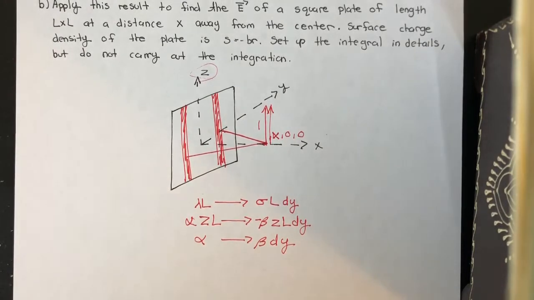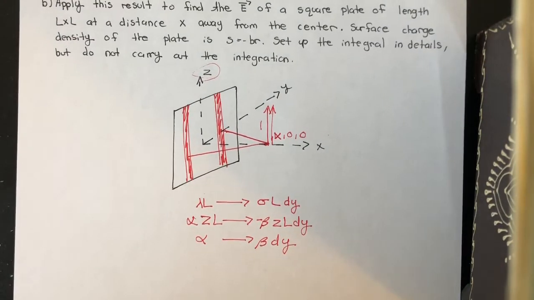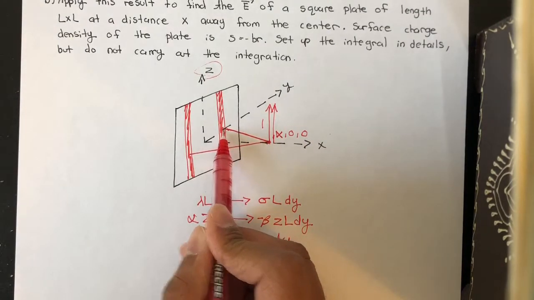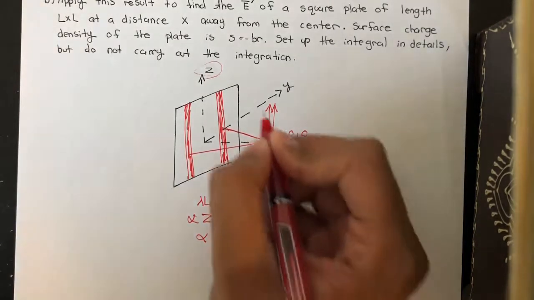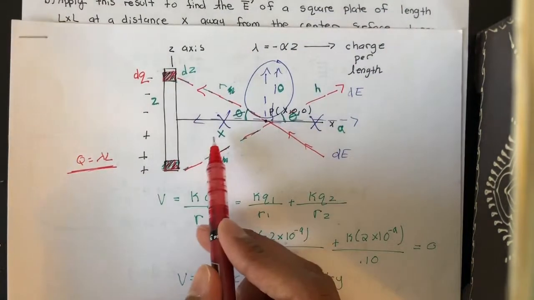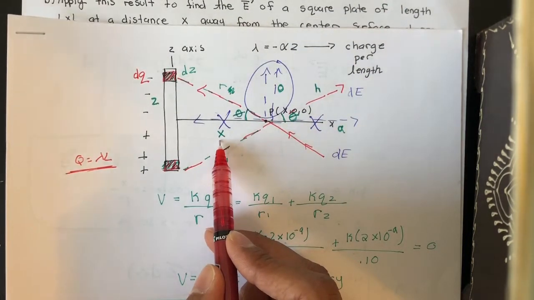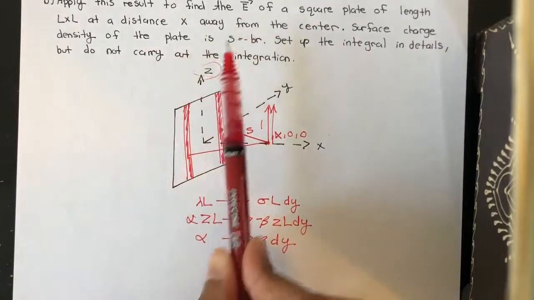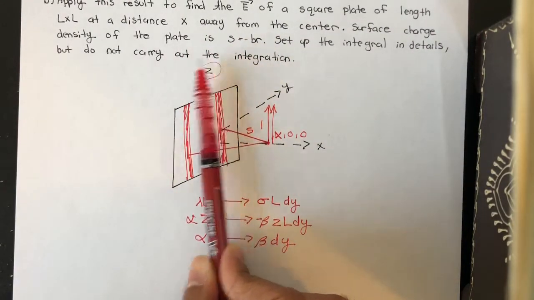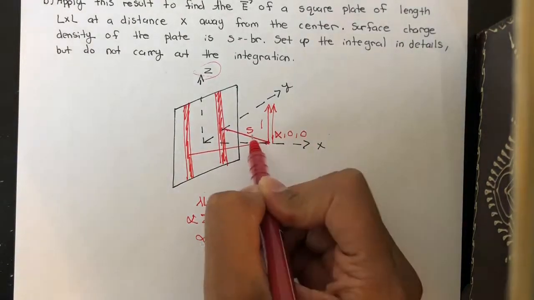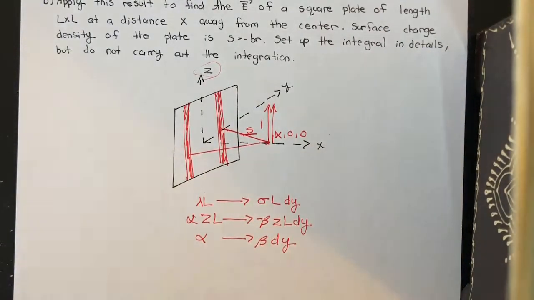Another thing that would also be changing: the distance from our line charge to the point of interest, we're going to name it S instead of x, which was here, because this was constant. But now our line charges are moving away, so the distance is going to change. So we're naming that variable S.